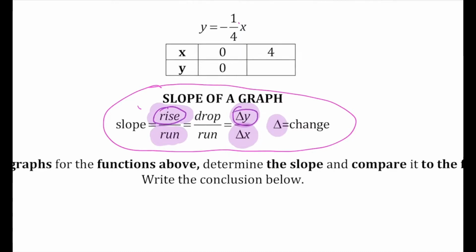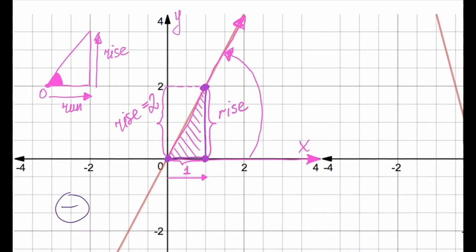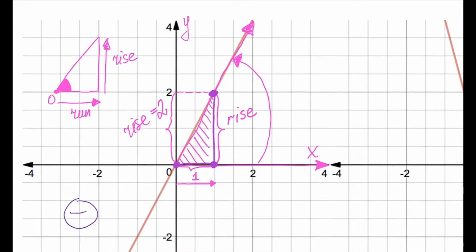Delta y was rise, and run was the change in x, or delta x. Rise over run will give me slope. Back to the first graph that we did, rise was equal to 2 and run was equal to 1. So the slope for this graph that you see on the screen is exactly 2.